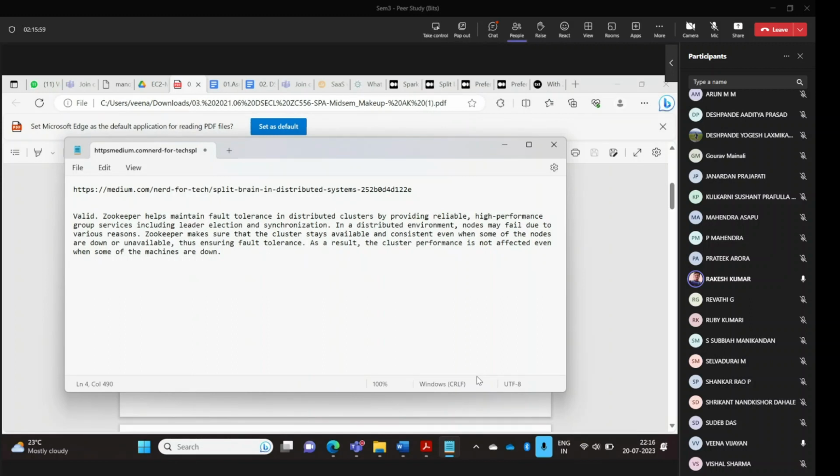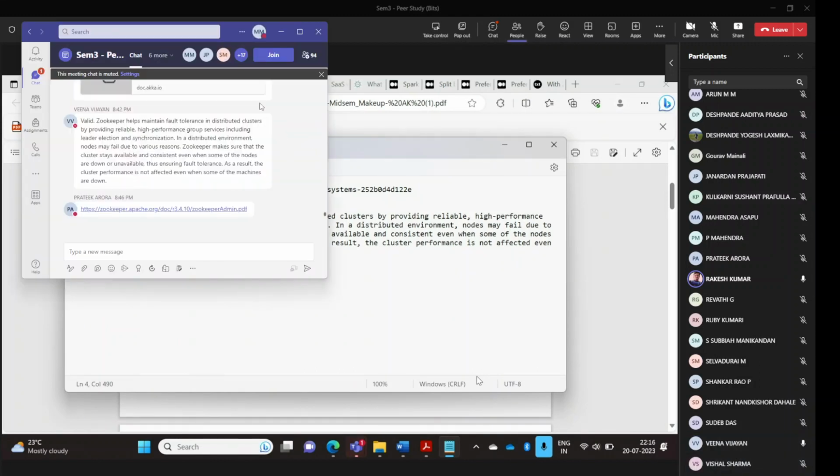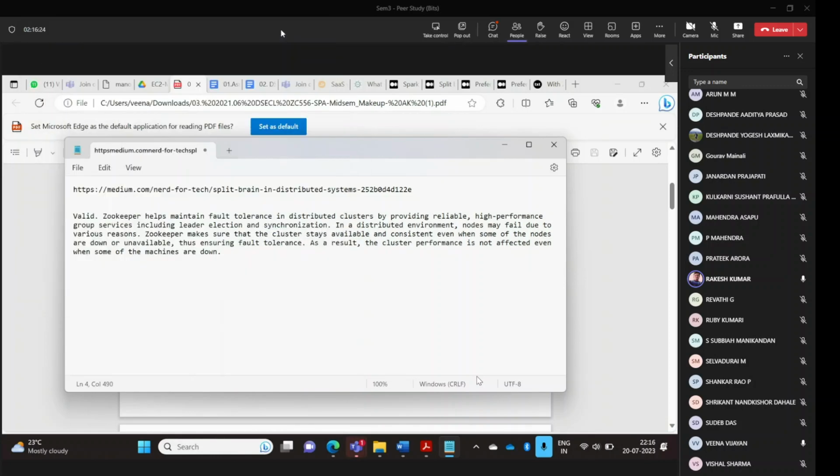The beauty of this zookeeper is that it's very lightweight in nature, so it consumes few resources on your system.